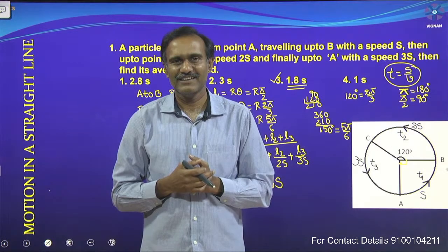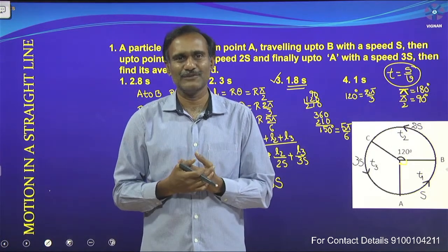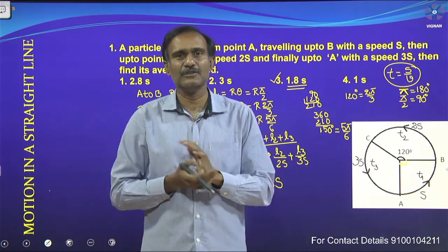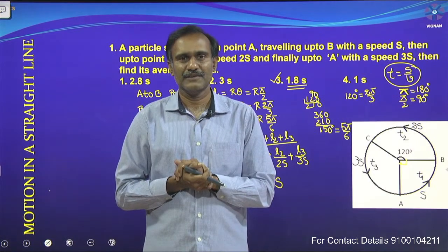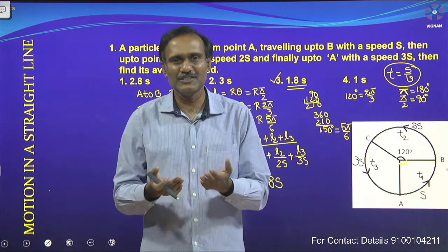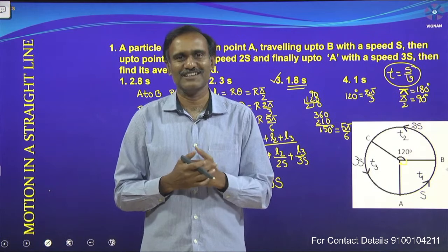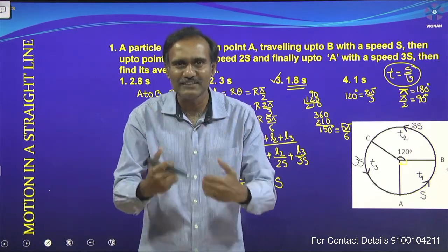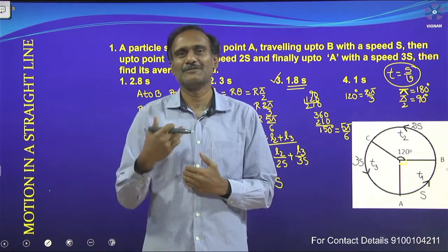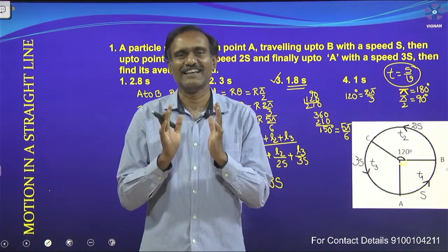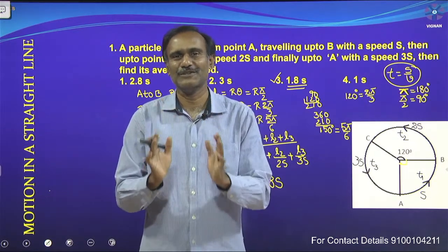Why? Displacement is equal to 0. For that complete journey, displacement is equal to 0. Is it true or not? That is, final position minus initial position is equal to 0, because the final position coincides with the initial position. So displacement is 0, therefore its average velocity is also equal to 0.